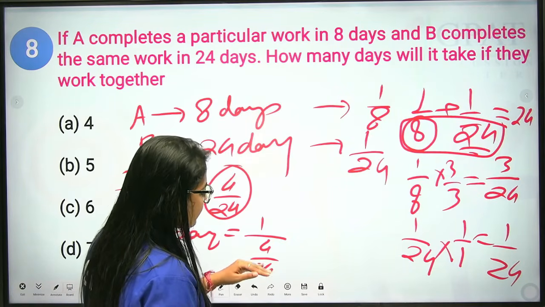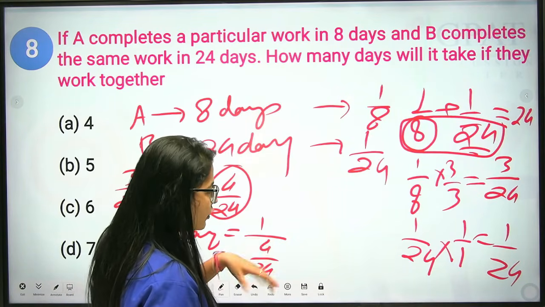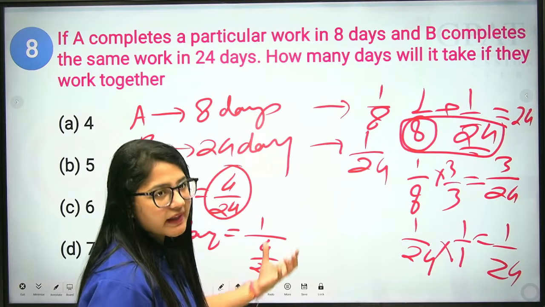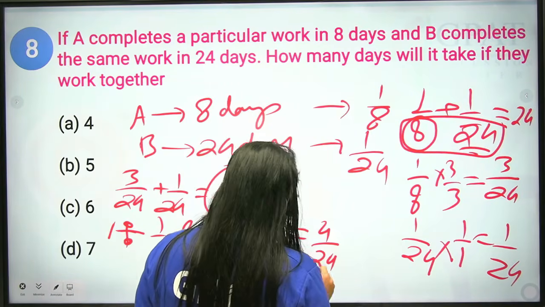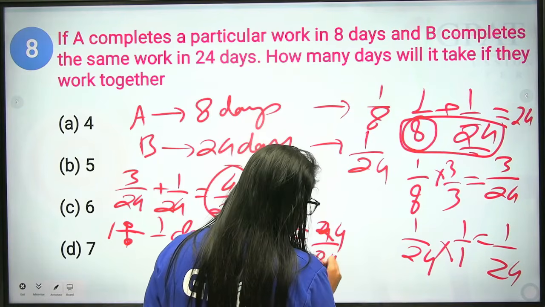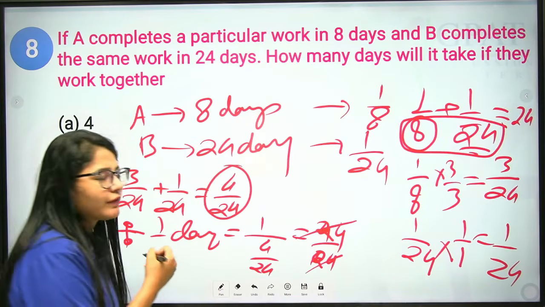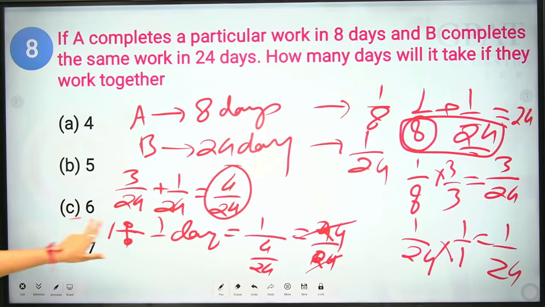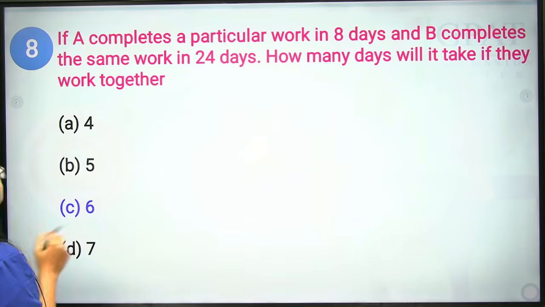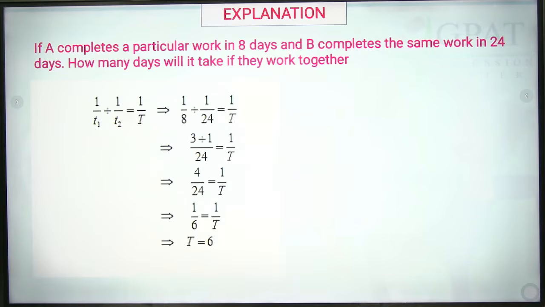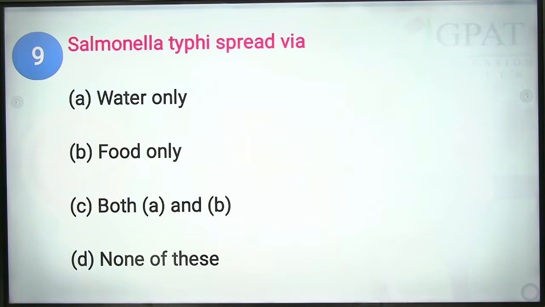When you divide by a fraction, it gets reversed. So this will be 24 by 4. When you divide it, you will get your answer, that is 6. So the correct answer will be 6. Clear? So they will take 6 days to complete the task. Now the next question.